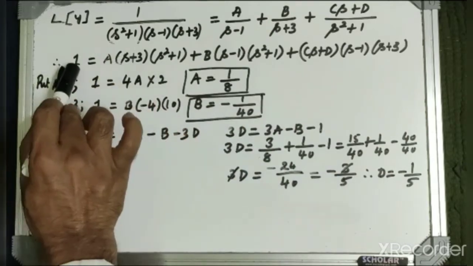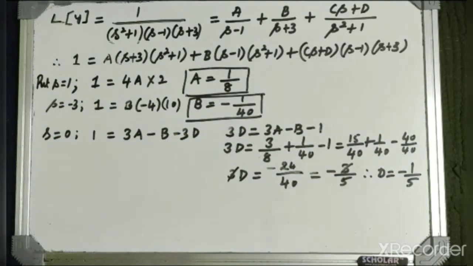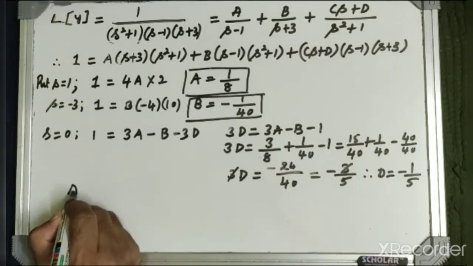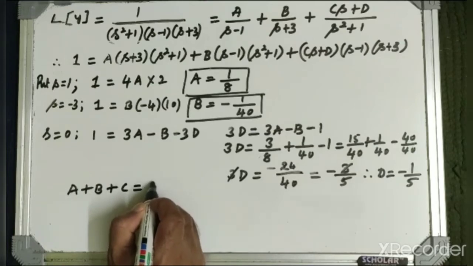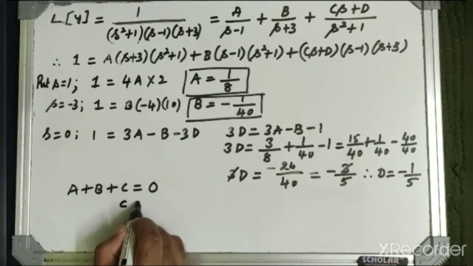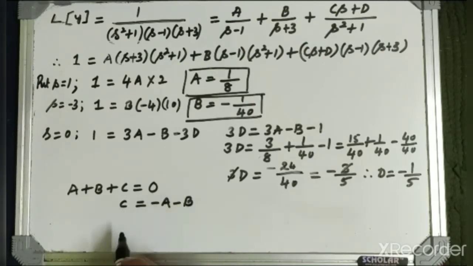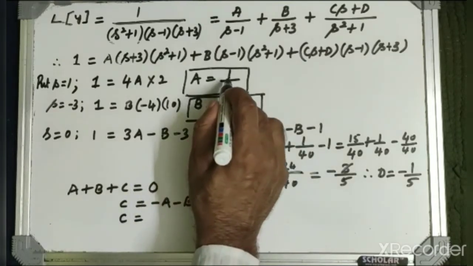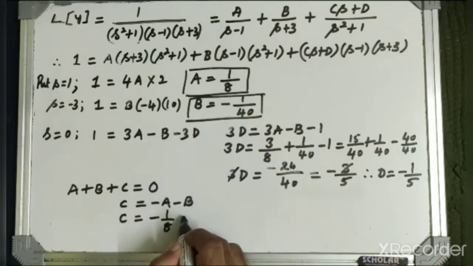In the left hand side there is no S cube, so it is 0. Therefore, equating the coefficient of S cube, A plus B plus C is equal to 0. From this we can find C. C is equal to minus A minus B, therefore C is equal to minus 1 by 8, minus B becomes plus 1 by 40.